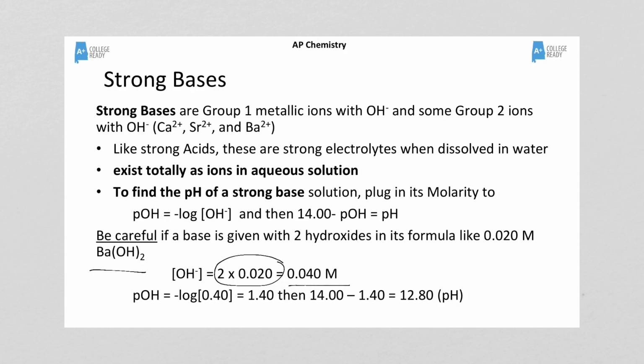Take the negative log of that, you get 1.40 for pOH, subtract from 14, and it's 12.80. So high pH means a basic solution. But if you did not double that, and this was multiple choice and the numbers were pretty easy, there would be an answer that looked correct without the doubling. So the doubling of that hydroxide ion is super important.